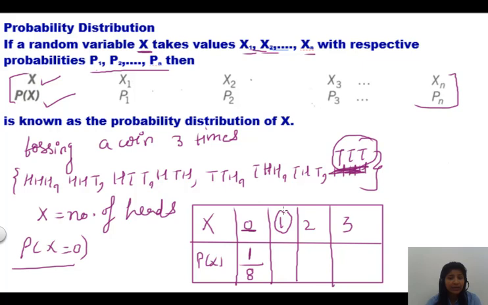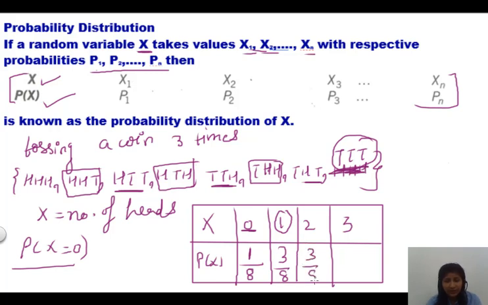Now probability of x equals 1. That means getting exactly one head. For one head, how many outcomes do we have? 1, 2, 3. 3 outcomes out of 8 outcomes. Probability of getting two heads: let us see two heads in how many? This is 1, 2, 3. As you can see, for two heads we have again 3 outcomes.